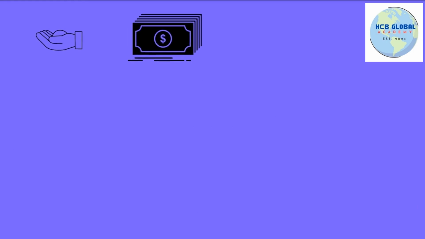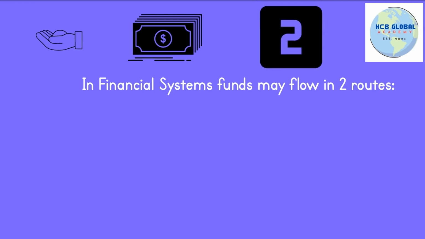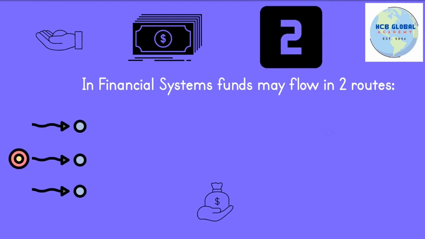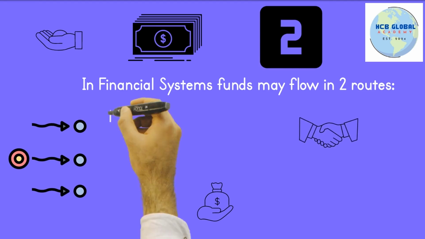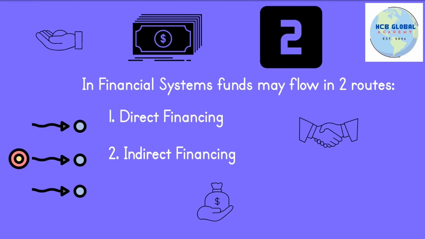As you may have noticed, funds can flow from lender-savers to the borrower-spenders in two routes, via direct financing or indirect financing. In the direct financing route, the borrower-spenders borrow and deal directly with lenders through selling financial instruments, or securities. Financial instruments represent claims on the future income or assets of the borrower.